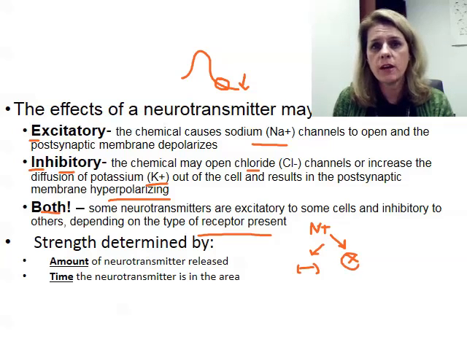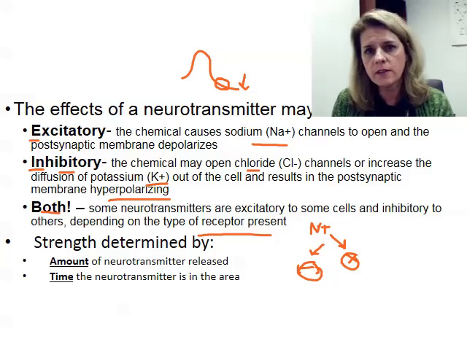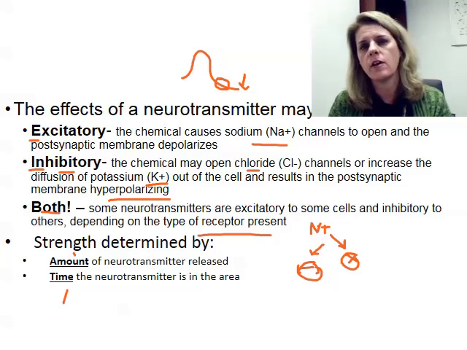Was it a sodium channel that it bound, or was it a potassium or chloride channel that it bound? And when a neurotransmitter binds, the strength of the signal is determined by how much you release, how much neurotransmitter is released into the synapse, and how long it's there. So the longer the neurotransmitter's in the synapse, the more chance it has to bind and stay bound and cause either an excitatory or an inhibitory effect.